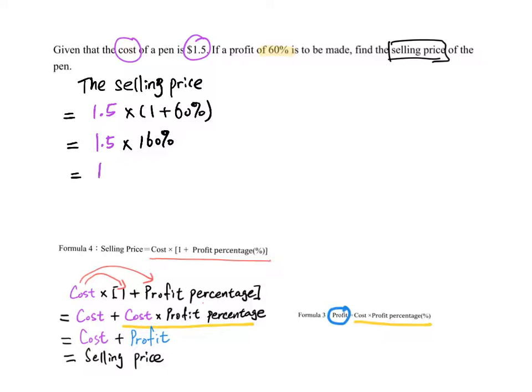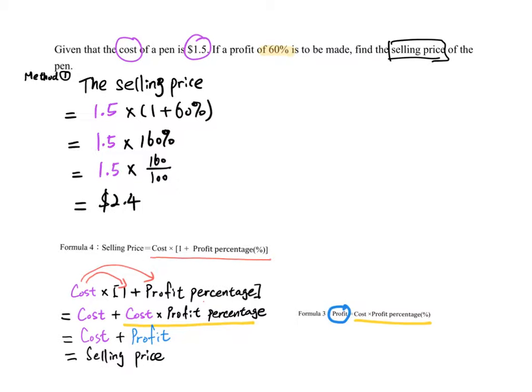And then convert the percentage to a fraction. The selling price is $2.4. It is method 1, and I recommend you use this method to find the selling price.